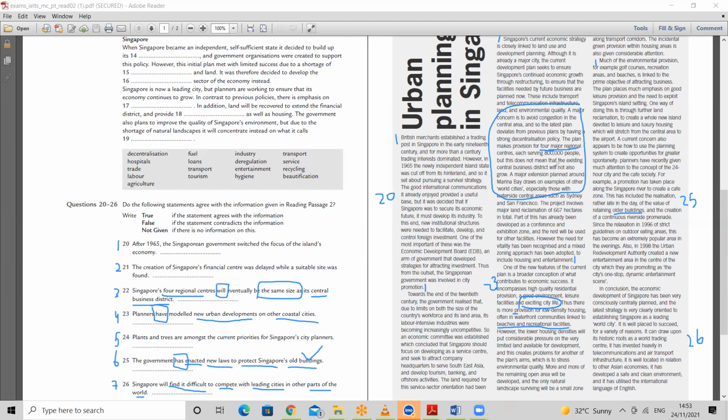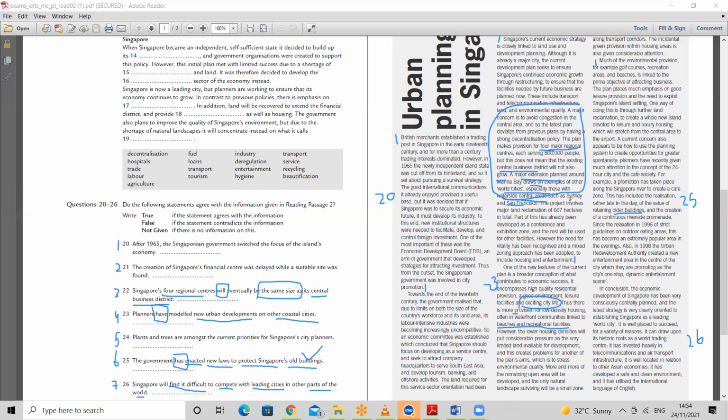But this does not mean that the existing central business district, which is right here, will not grow. So they are just talking about the growth. A major extension planned around the Marina Bay draws one example for the world city, especially with waterside central areas, and San Francisco and also Sydney.